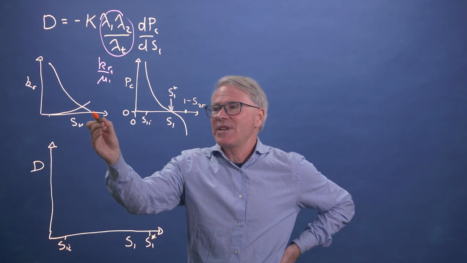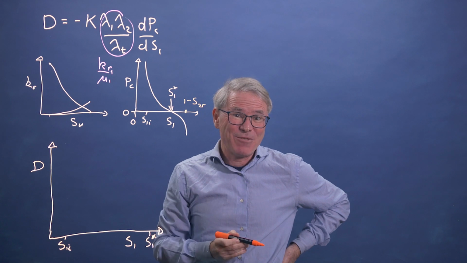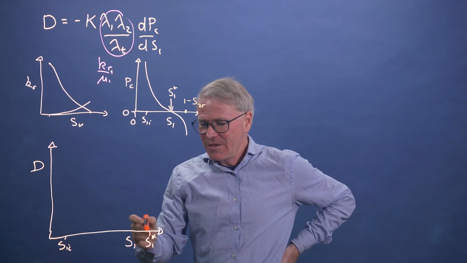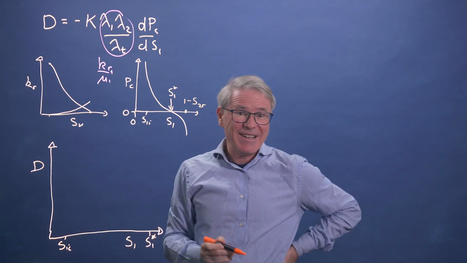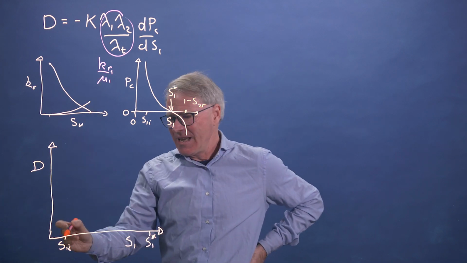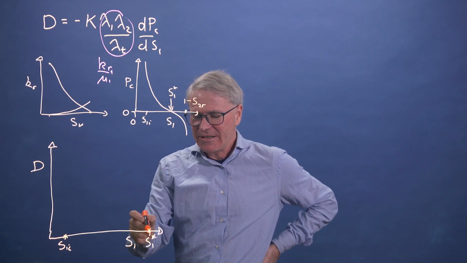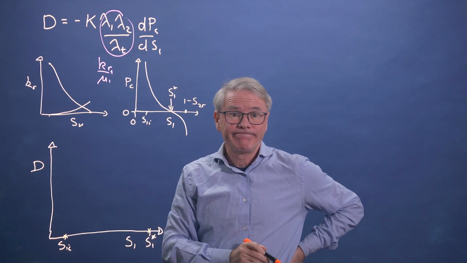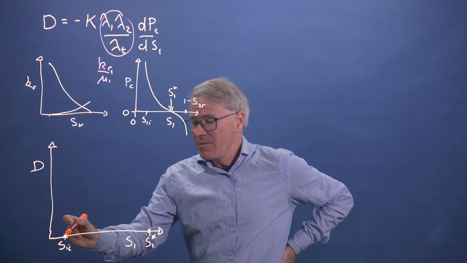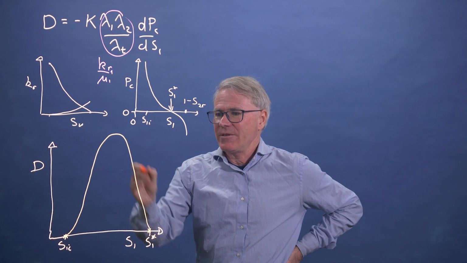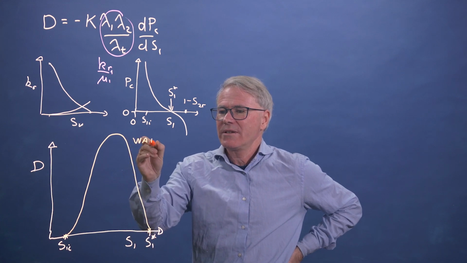And at the residual saturation, actually rather than lambda 2 being large, lambda 2 is actually 0. So we have a case where initially, right, the water doesn't move. So D at the initial conditions is 0, and D here is also 0. So what the capillary dispersion looks like is it goes up and then goes down. So this is water wet.